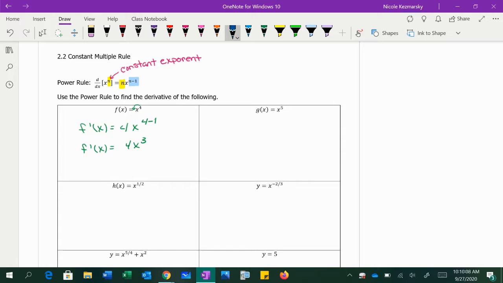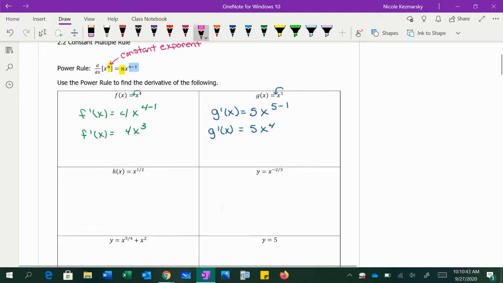So when I do the next one, I'm going to take g prime of x equals, the 5 is going to move down to the front. So we're going to have 5x to the 5 minus 1. And so g prime of x is going to be 5x to the 4th. Okay, so when your exponent is positive like that, the derivative's exponent is always going to be 1 less because of that n minus 1.